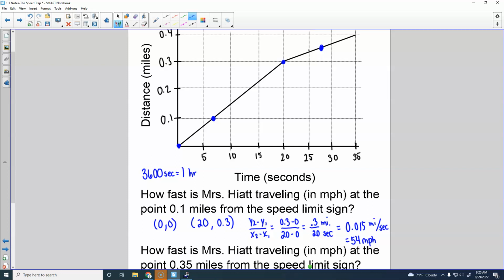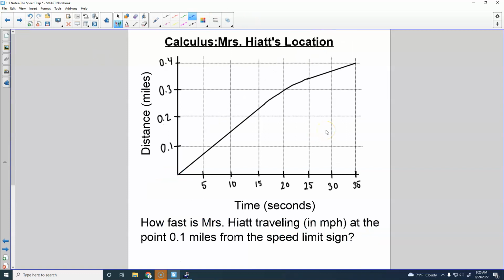But this is not real life, because you can't go from 54 miles per hour to 24 miles per hour in an instant, right? So if we were going to look at this in real life, here's what my graph should look like. This is the second one. You'll notice everything is still the same, okay? Up until this point, our scales are still the same.